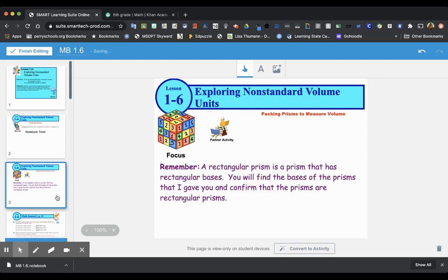Now, in class, students are going to be doing an experiment with rectangular prisms, boxes, so shoe boxes, any other type of box that is a rectangular prism. So we might have like an iPad box.